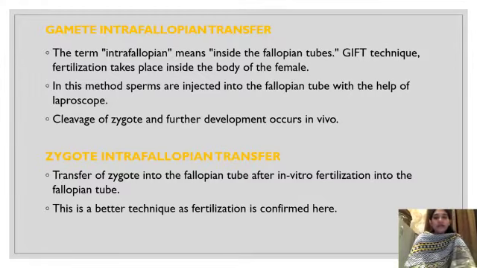Then the further development process will take place inside the fallopian tube. It is said to be a better technique as fertilization is confirmed here, because fertilization takes place in the laboratory. But in gamete intrafallopian transfer, the sperm is injected into the fallopian tube, which might not fertilize the ovum.